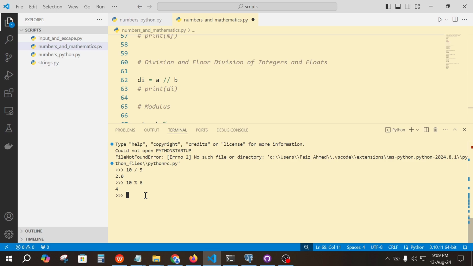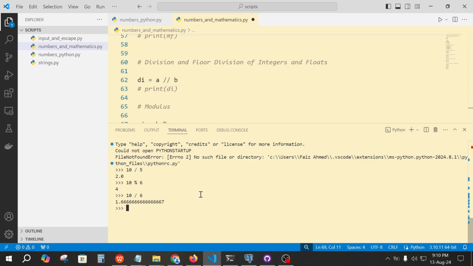If I do 10 divided by 6, it is 1.66, and it will only multiply with integers. So 6 multiplied by 1 equals 6, and 10 minus 6 is equal to 4. So this is the remaining.